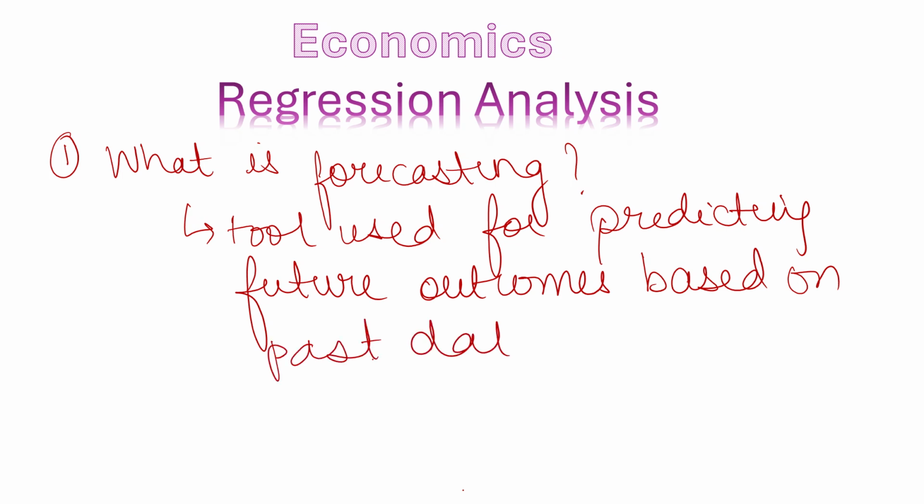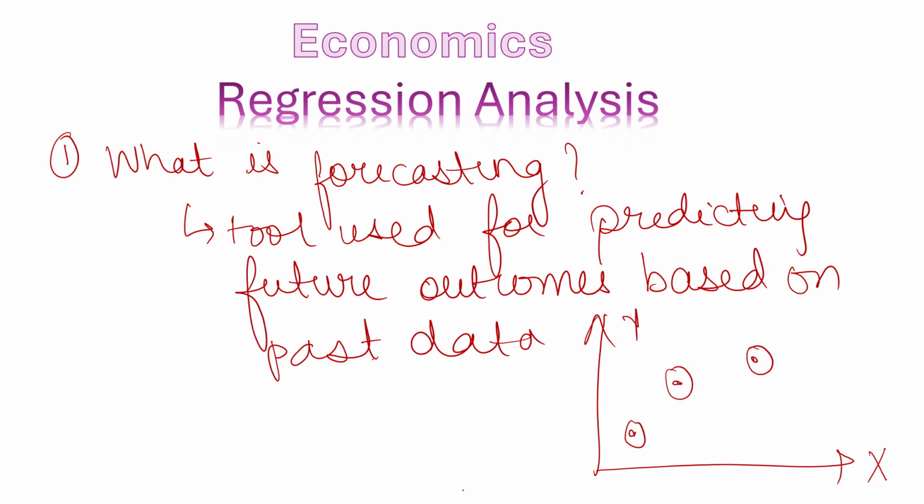For example, we have a graph. This is your x-axis, this is your y-axis. We have 1 point here, 1 point here, 1 point here, and 1 point here. So this is basically a best fit line or the line that has minimum distance from all the points. So now if I have to predict, suppose this is till 2015. So now I have to check for 2016.